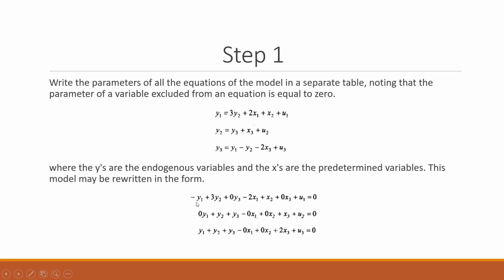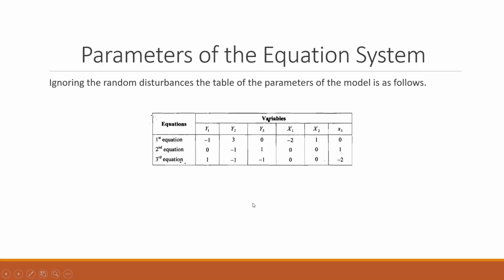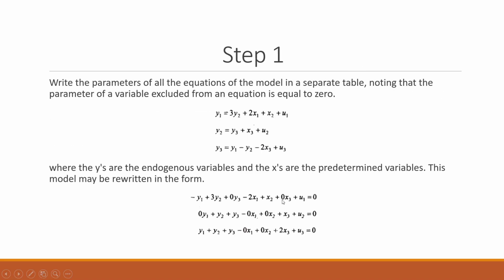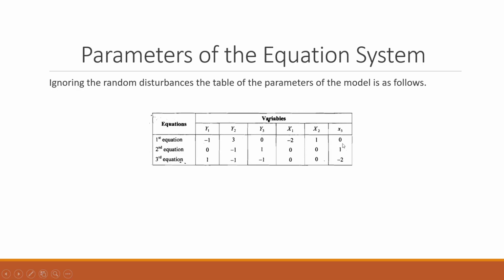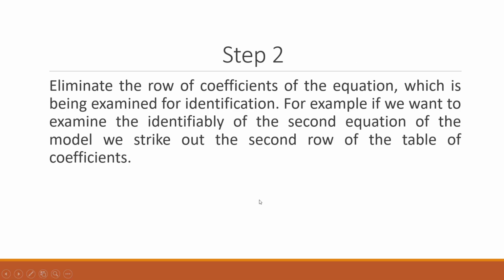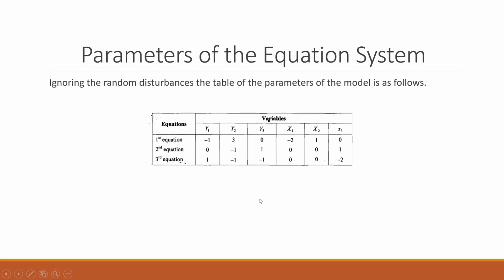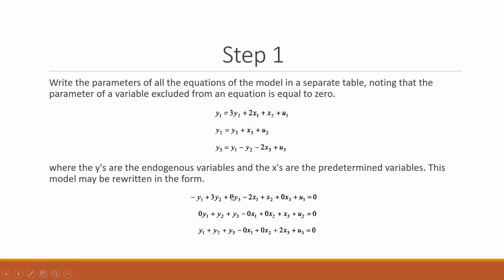y1 is minus 1, y2 is 3, and y3 is 0. Let's confirm: minus 1, 3, 0. Okay, minus 2, 1, 0. Similarly, repeat the same procedure for the second equation and third equation.